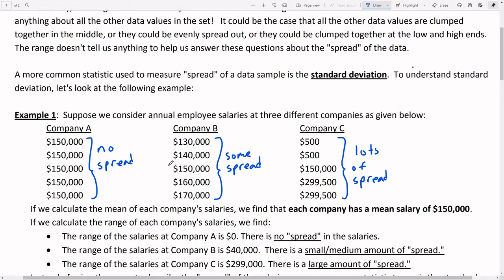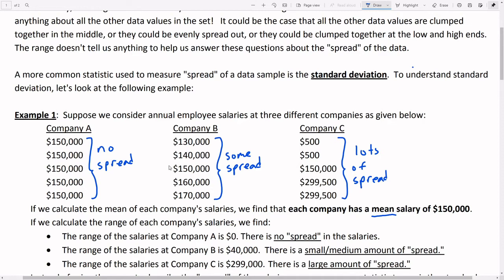A key component for doing the standard deviation is the mean. We need the mean to be able to calculate standard deviation. It's the basis of what we are going to do. So when I say spread going forward now, I can imagine how that can mean lots of different things.